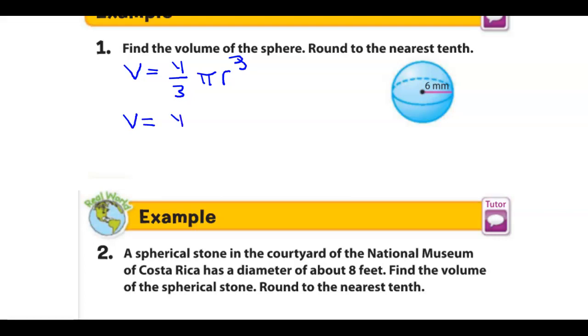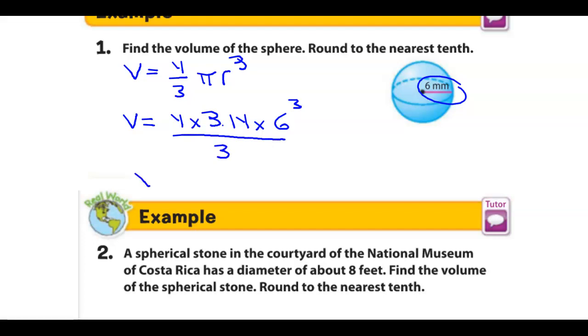So volume is going to be equal to 4 times 3.14 times the radius, and the radius is 6, to the third power. When we're all done with that, we will just divide by 3. Hopefully I don't run out of room here.